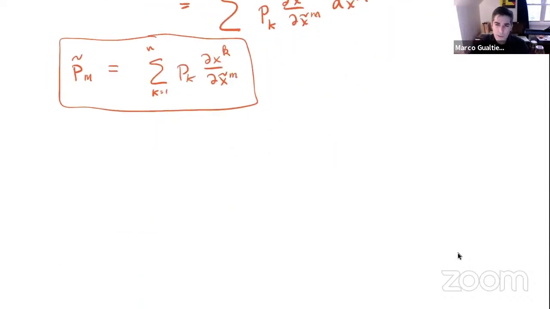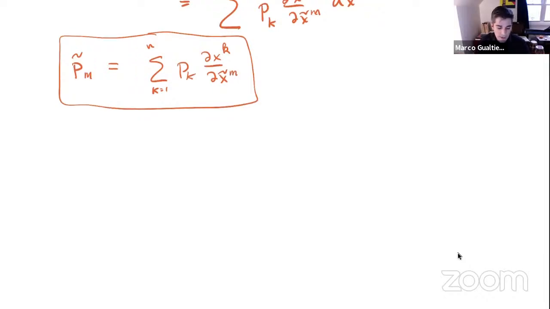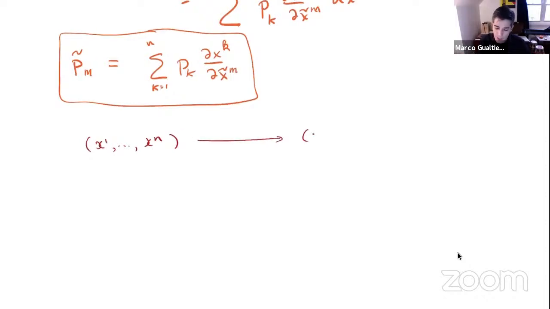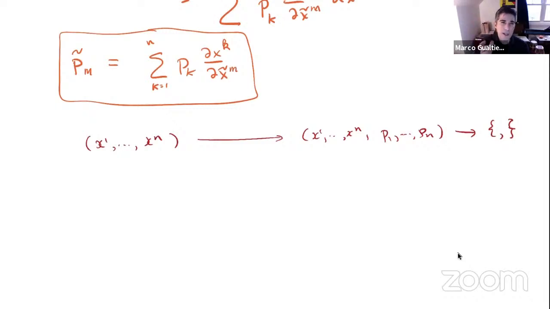I don't remember exactly what the assignment question is asking, but the point is that when we write this, think of it like this: we start with the x's, and we embellish by adding the p's, and from this we can write the Poisson bracket, which has this standard format that involves differentiation with respect to the p's and the x's, and there's a summation over that.